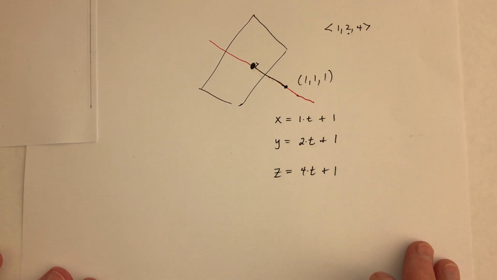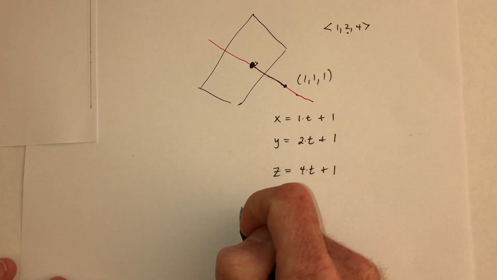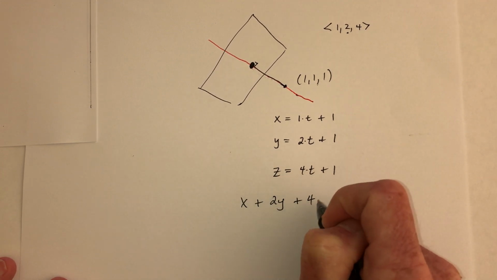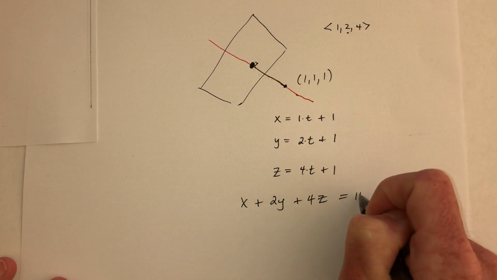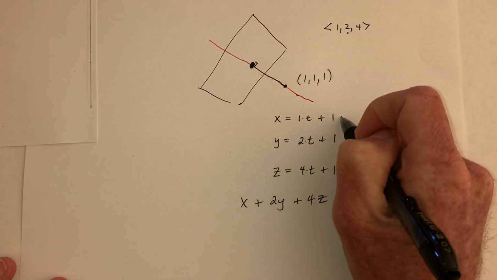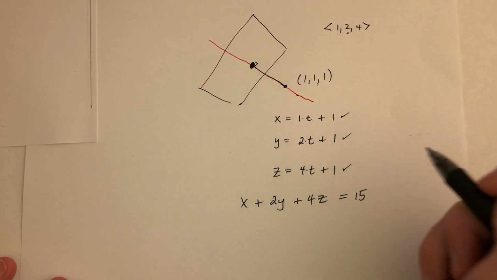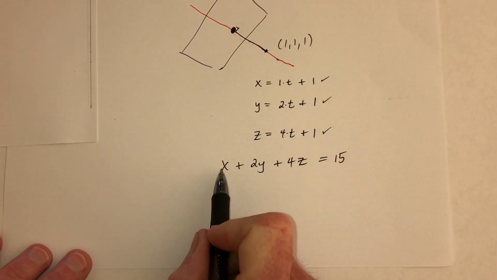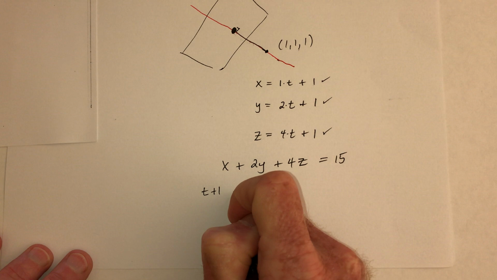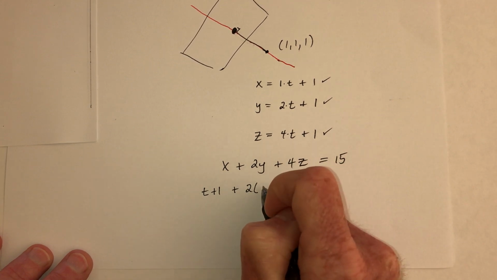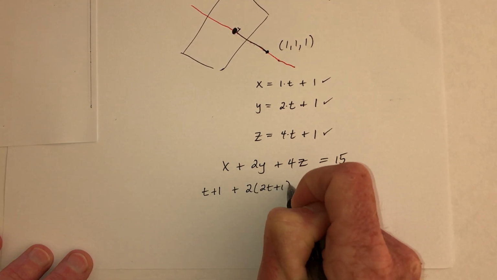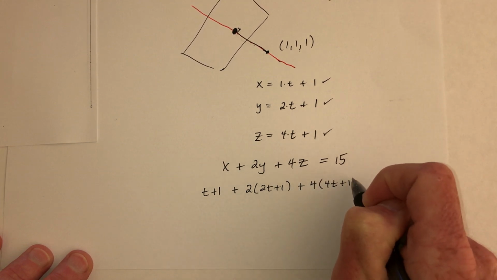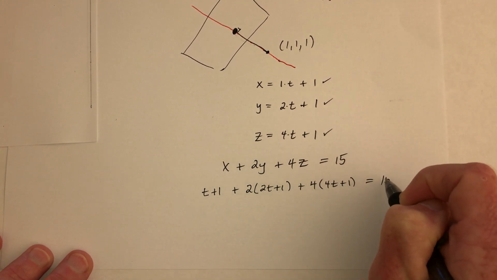Well, the plane itself was x plus 2y plus 4z equals 15. And I know what x equals, I know what y equals, I know what z equals, so I could plug those in. So this one would become t plus 1, and then 2 times 2t plus 1, and then 4 times 4t plus 1, and that has to equal 15.